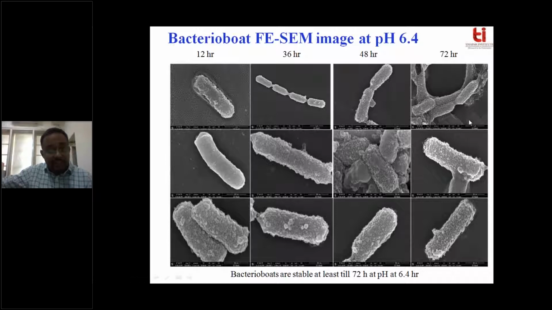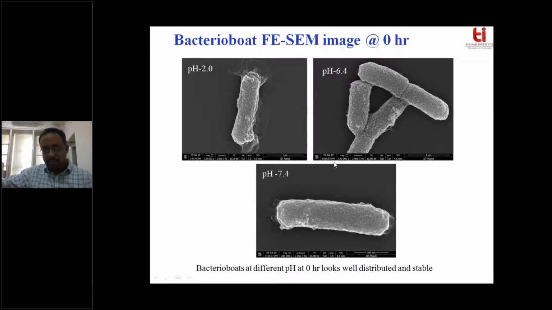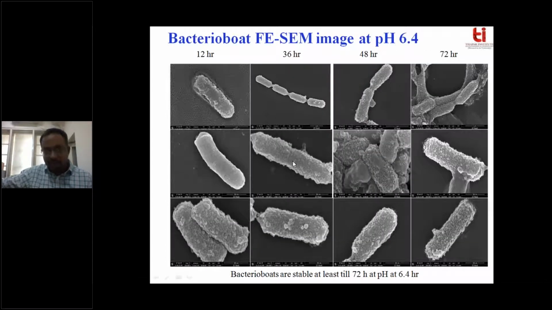The particles are very stable on the bacterial surface. What you also see is probably the swelling of the particles. If you compare the particles present over here versus here, this particle might look a little swelled because you are putting the particles inside the fluid for 72 hours, a long time. Because of the fluid, they are swelling up.